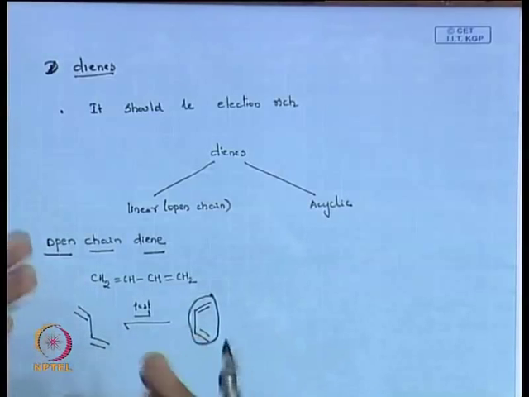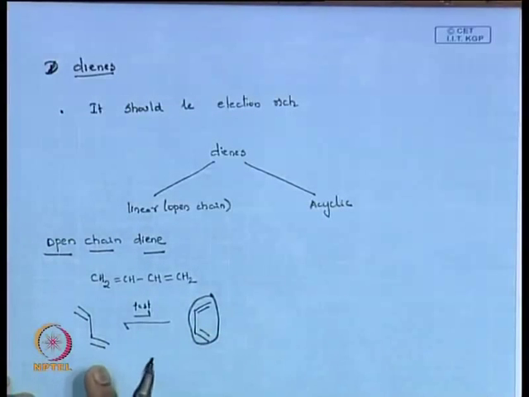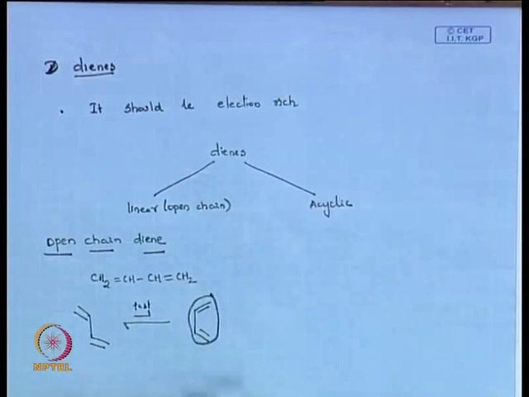The major limitation is that it should be in the cis or cisoid configuration to carry out your Diels-Alder reaction, apart from being electron rich. If it is in a transoid form, you never get this type of Diels-Alder reaction. Since it is linear, you always have an equilibrium between cisoid and transoid. If you have the transoid, you end up with a cisoid which undergoes the Diels-Alder reaction, not this one.